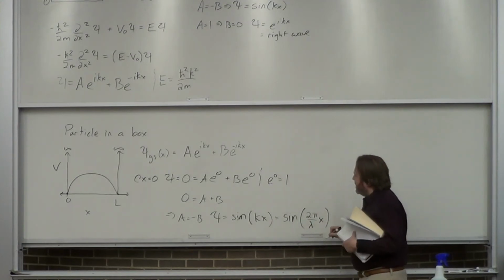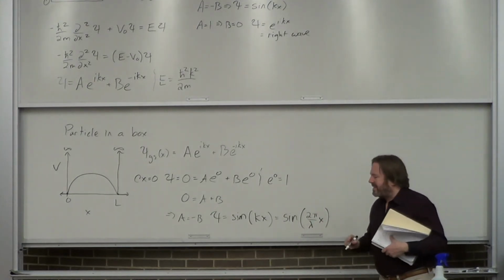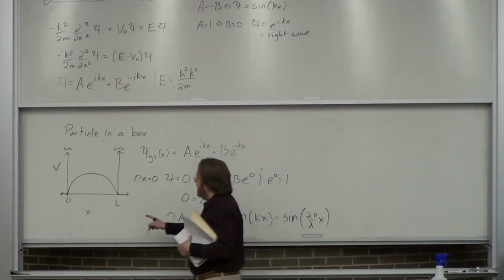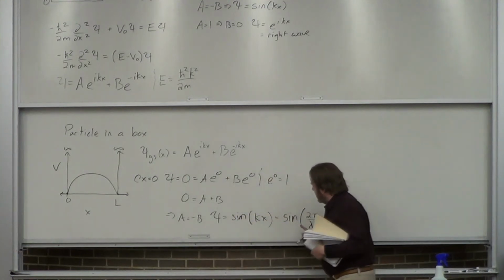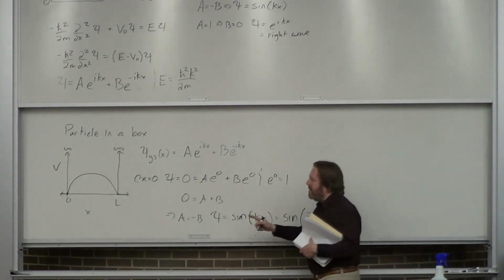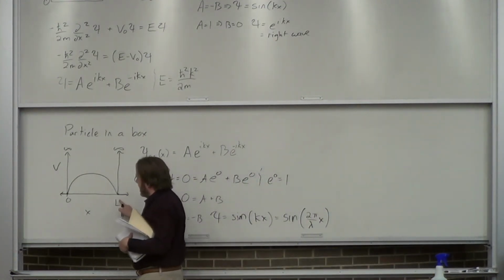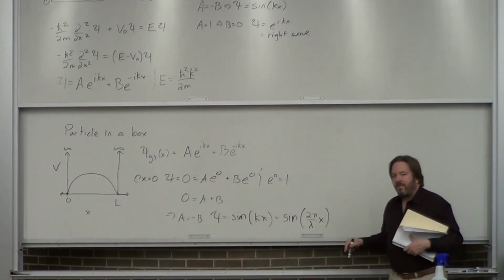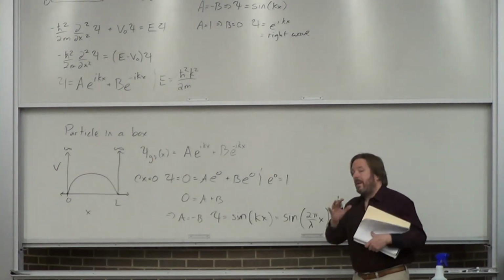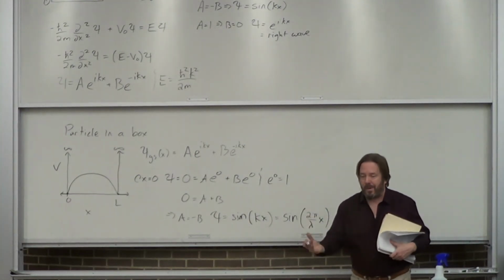But the reason I say it's unsatisfying is I really want to see parameterization of the problem in the solution. This thing has an L in it, and I bet that's related to the wavelength, but it's not straightforward. It can be figured out, which is exactly what we're about to do.